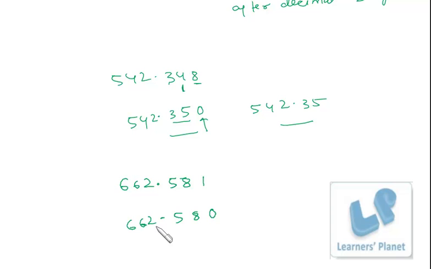Right, so that is 662.580, or you can write it 662.58. This and this is same. Okay, so after decimal we have to get two digits only if we wish to round off the number to nearest hundredth.